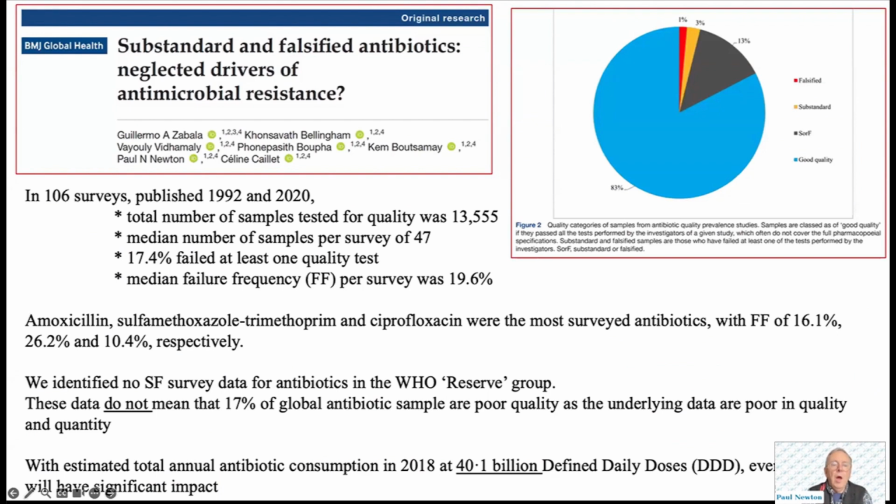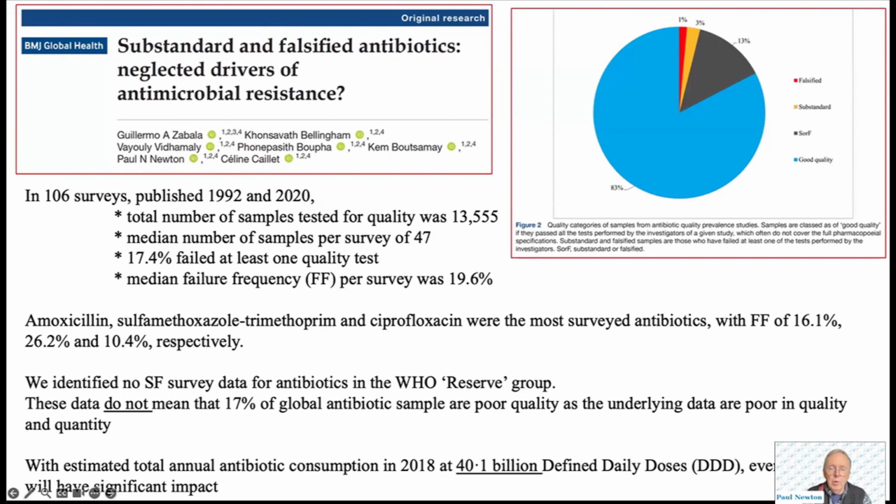We used this online system, the database behind that, to review the information we could find on the quality of antibiotics globally. And we found 106 surveys with nearly 14,000 samples tested. But the median number of samples tested by survey was low at just 47.